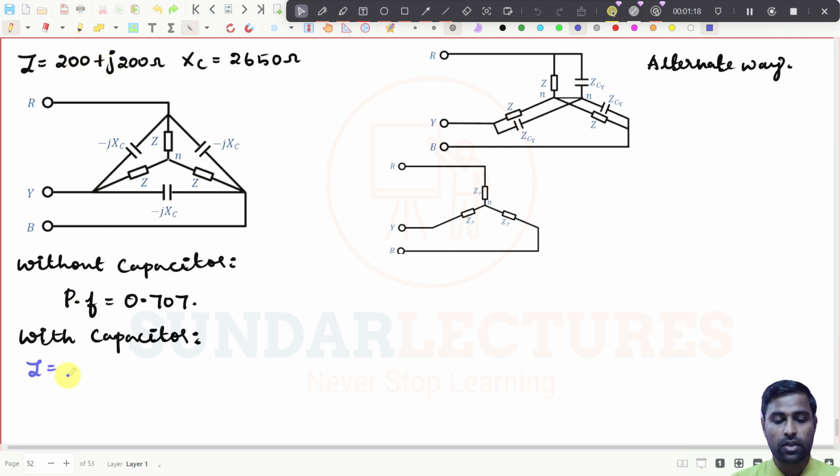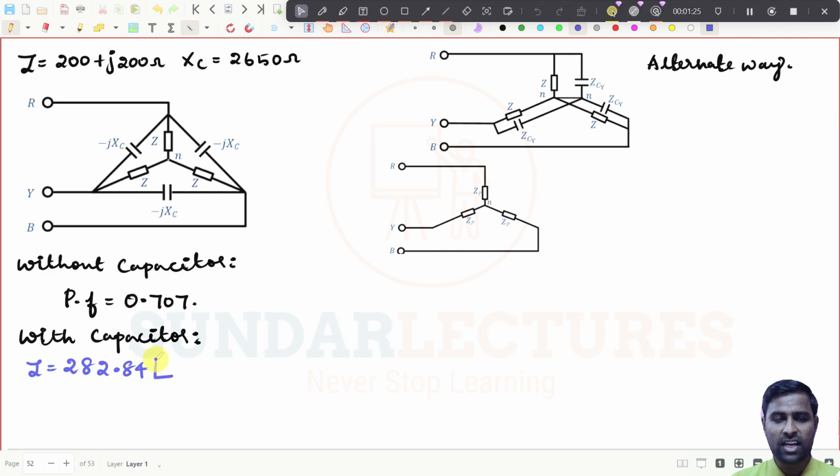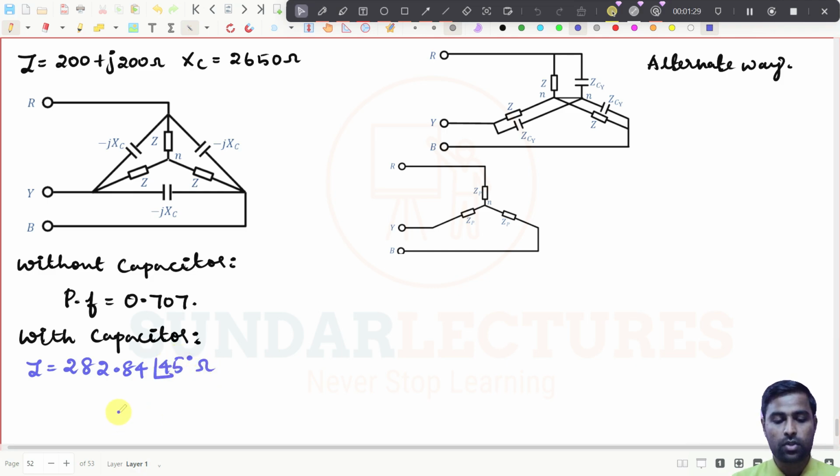If you convert this into polar form, you will get 282.84 at an angle of 45 degrees ohms. Now what is the value of ZC, the impedance of the capacitance in delta connection?